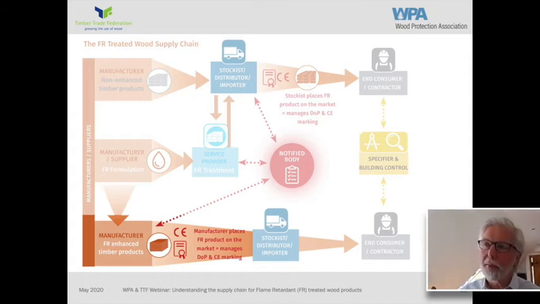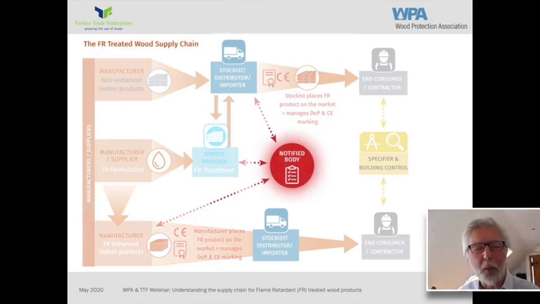So it pushes their accreditation, factory production control, authorization requirements up to a different level under the Construction Products Regulations, which means that the production of that product needs to be independently assessed, audited, and accredited by what is called a notified body.